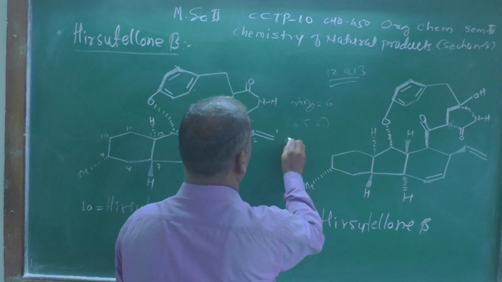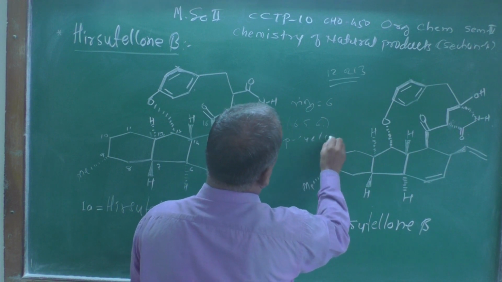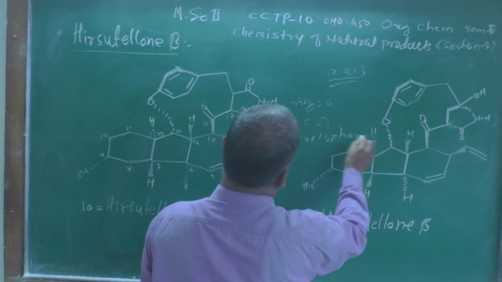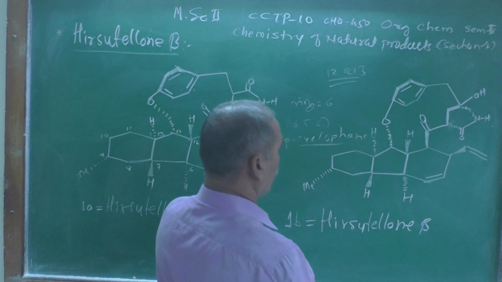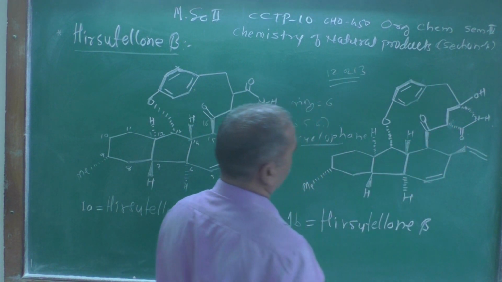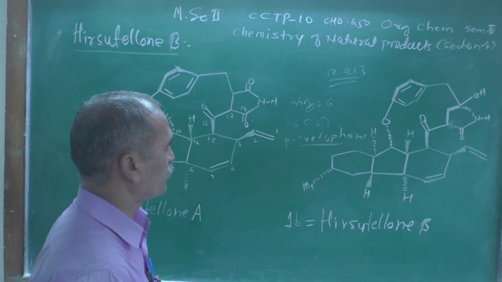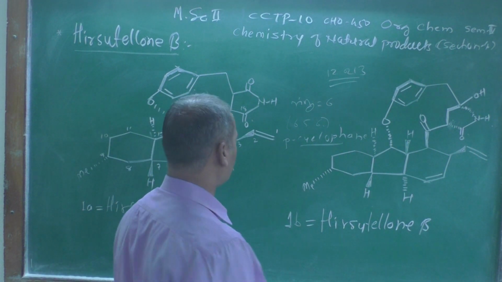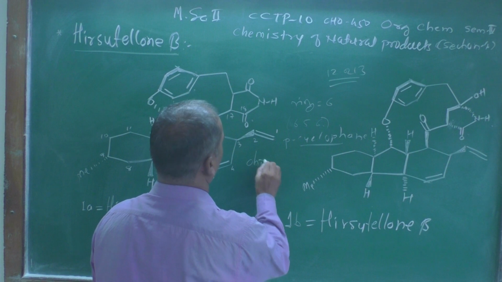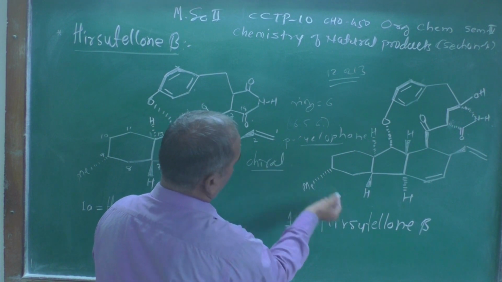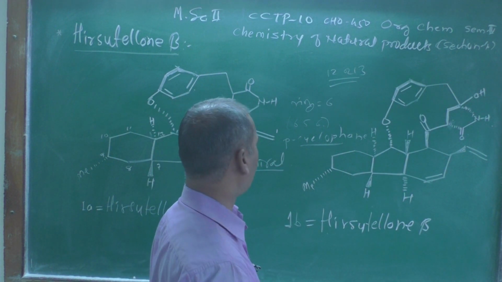The para-cyclophane core is present, this one. And there is a succinamide type of compound, amides are present over there. Now the chiral centers. How many chiral centers are present in hirsutolone B?